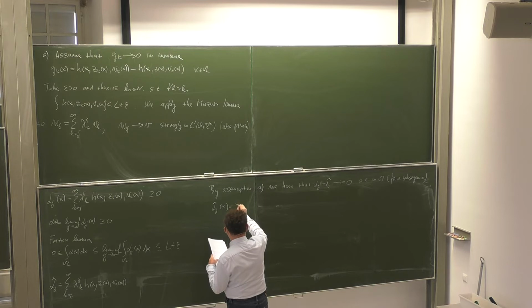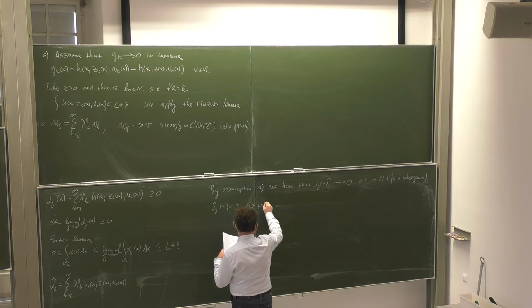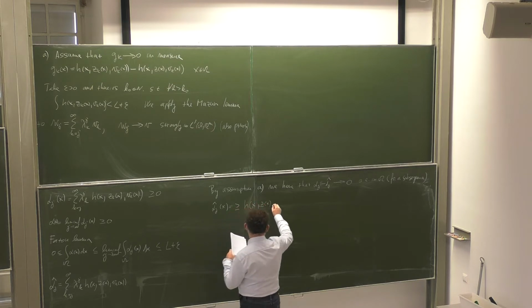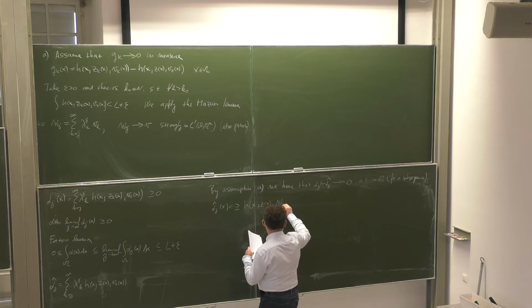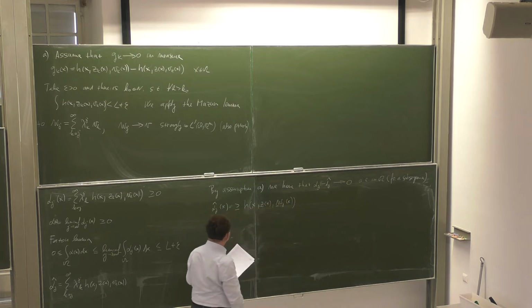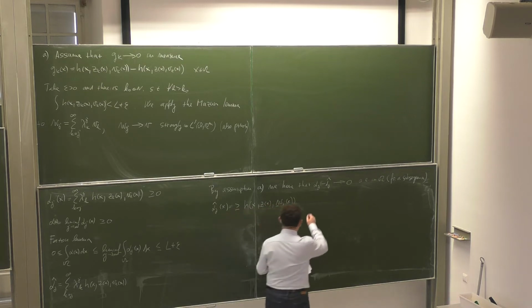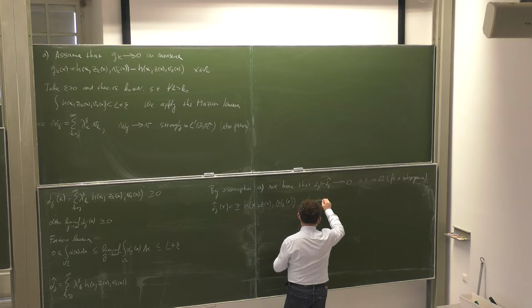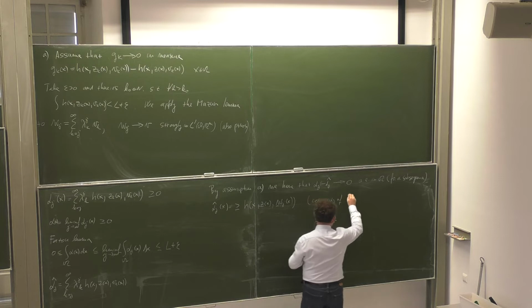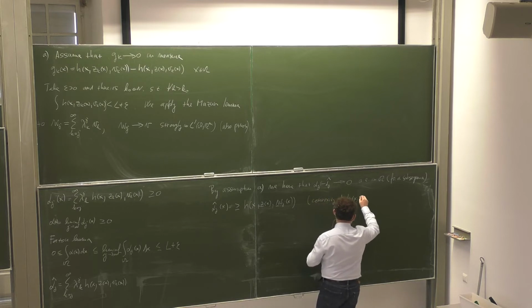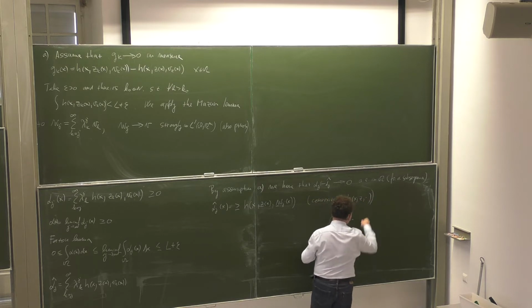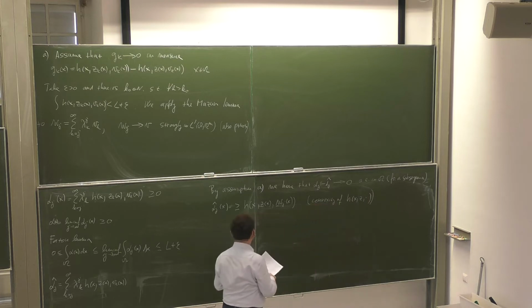So this is bigger or equal than h(x, z(x), w_j(x)). Here we used convexity of h in x, z, and the last variable.